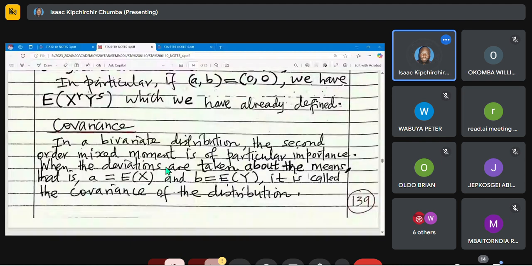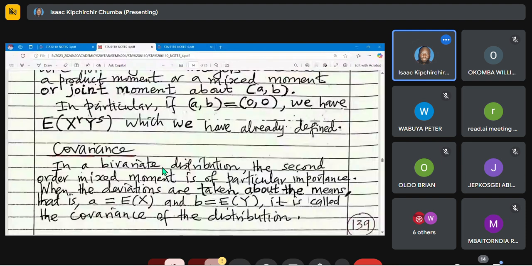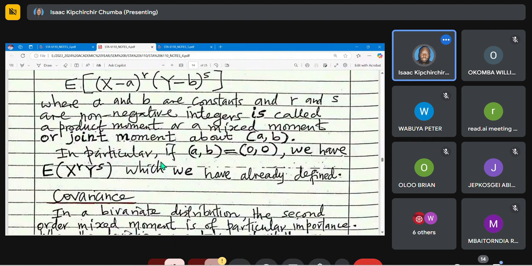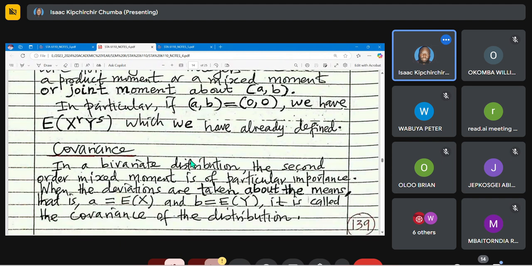Now, in particular, when we take deviations, not just about any arbitrary numbers A, B, but about their means, this is a particular case. So I'm saying in a bivariate distribution, the second order mixed moment is of particular importance.